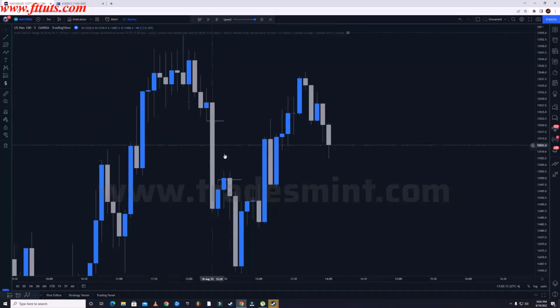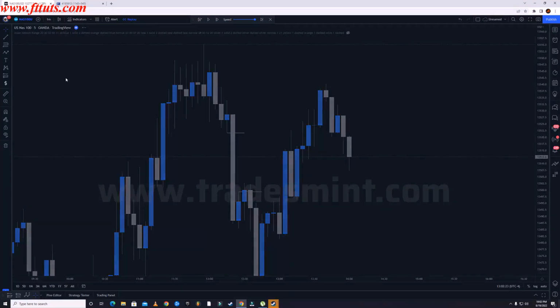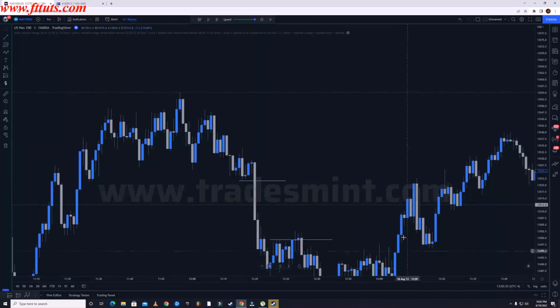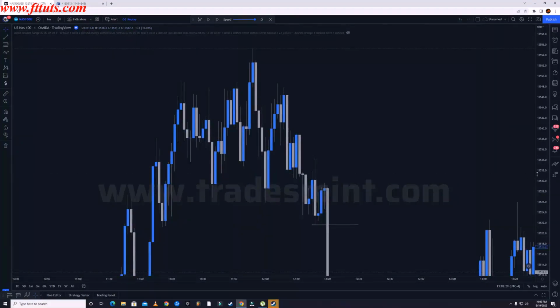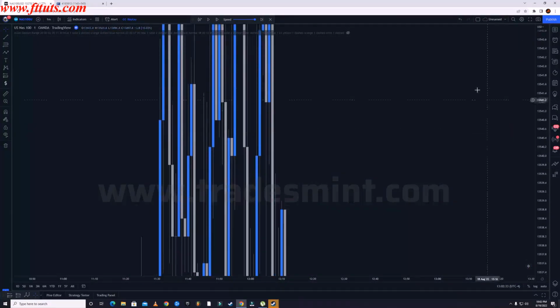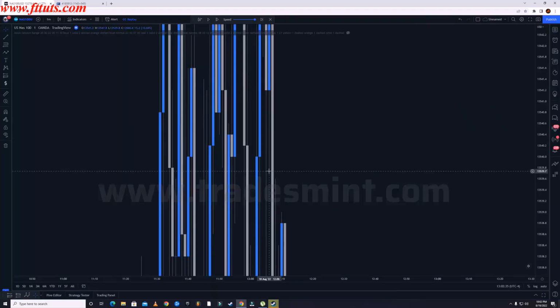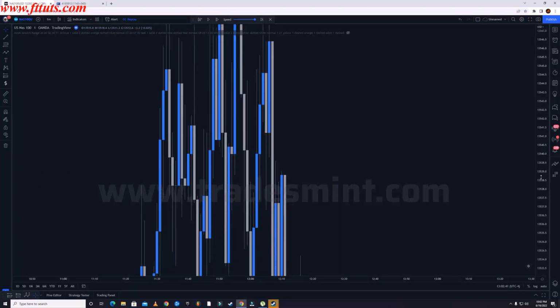We are looking at this imbalance on a 5-minute time frame, but I'm pretty sure there's going to be imbalance on a shorter time frame. So let's go to the 1-minute time frame. And as you can see, if we zoom in, you can see there's a gap from here to here. So 1, 2, 3 candles, very nice.